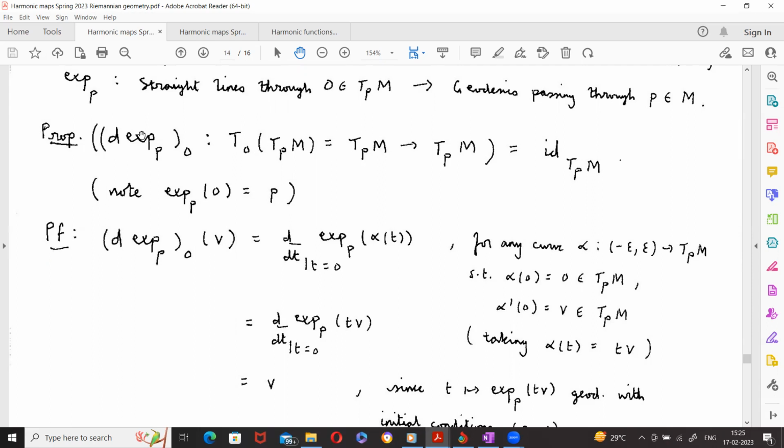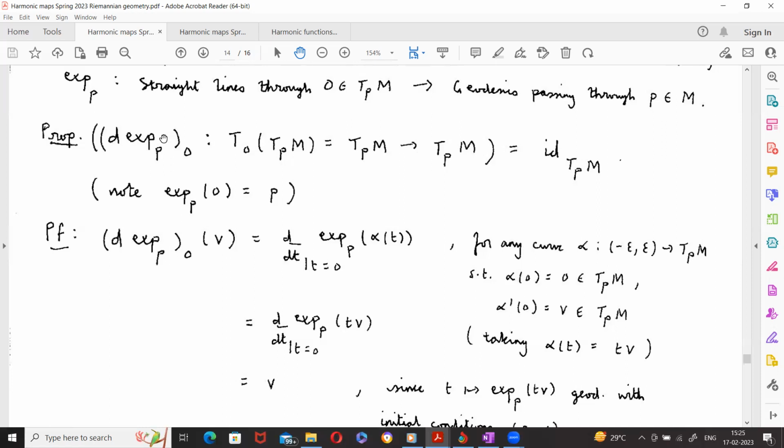So then the derivative of the exponential map at the origin, so the origin maps to the point P, right? So the derivative is going to be a linear map from the tangent space to TPM at the origin, that is being identified with TPM, to the tangent space to M at the point P, right, which is TPM.